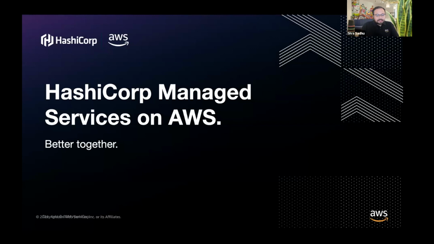Hello, everyone. I'm Siva Sadhu, Partner Solutions Architect at AWS. I work with ISV customers and partners across the EMEA region. AWS has the most extensive global infrastructure spanning 81 availability zones across 25 geographic regions, with plans to launch 18 more availability zones and 6 more AWS regions in Australia, India, Indonesia, Spain, Switzerland, and the United Arab Emirates.